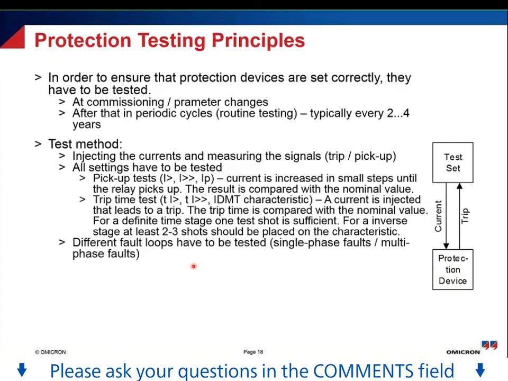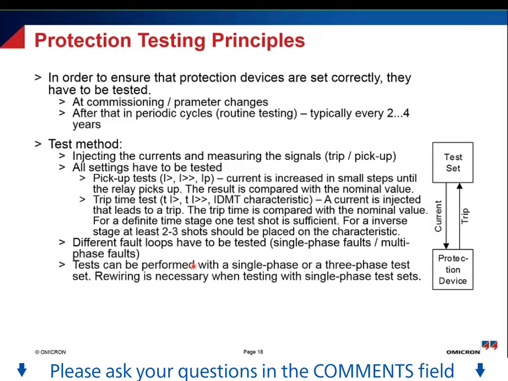Next thing is that also different fault loops have to be tested, because protection devices are digital devices, and oftentimes there is different logic for single-phase faults and multi-phase faults, so 2 or 3 phase faults. So you're not only done with just one fault loop, you need to test different fault loops. Therefore, the test can be done with a single-phase or 3-phase test set.